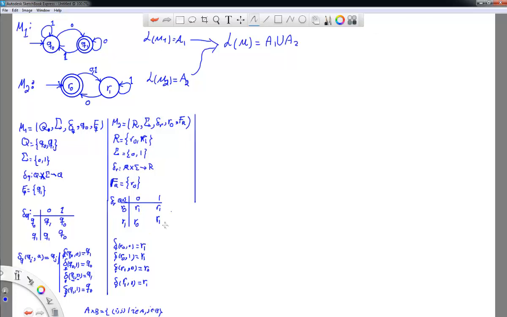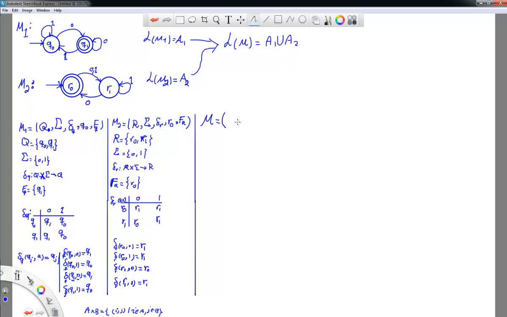Okay, so now I have my two finite automata created. Now to create the finite automaton M, again, remember M is also a finite automaton, and therefore it is a 5-tuple.